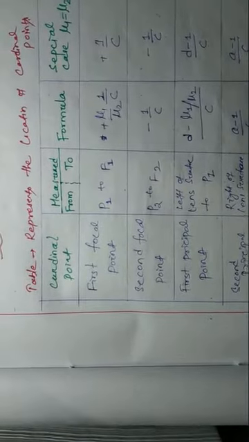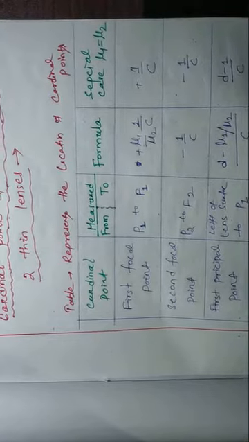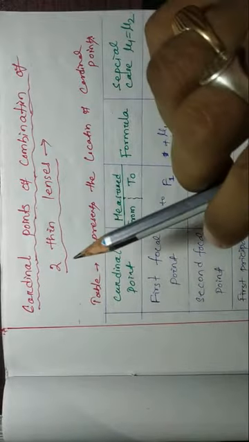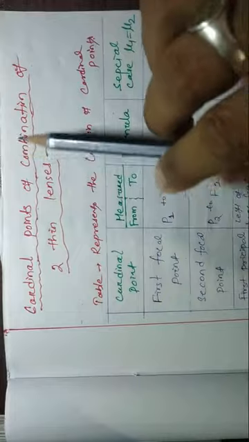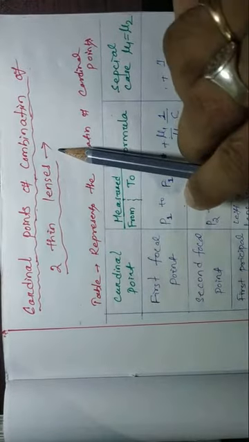Now we have to find the cardinal points of the combination of two thin lenses.